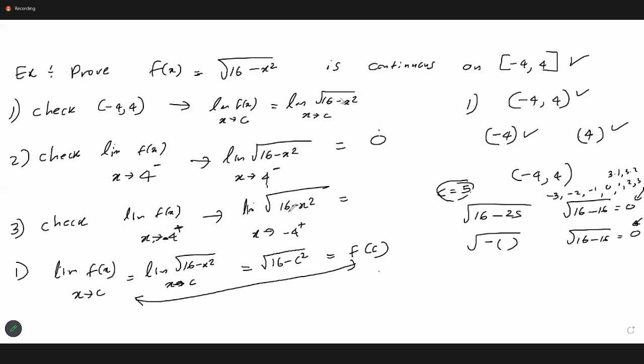We have a value. Now, the limit of f(x) when x approaches negative 4 from the positive end means just plug in the value and see. 16 minus 16. The square of negative 4 is again 16, since negative 4 times negative 4 is equal to 16.